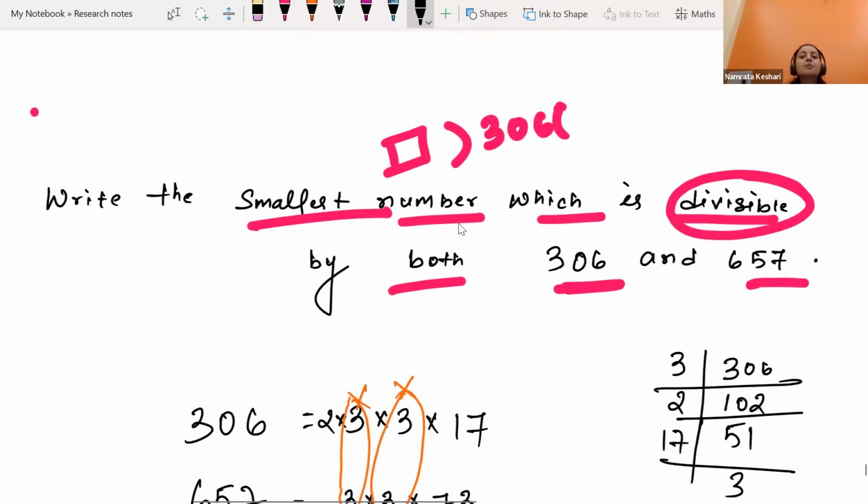Write the smallest number which is divisible by both. So the table of 30, the table of 65, and such a number which is common, the least common multiple, we will be finding LCM for this particular scenario, right? A number we are searching, which is divisible by 30 also, and the same number divisible by 65 also.